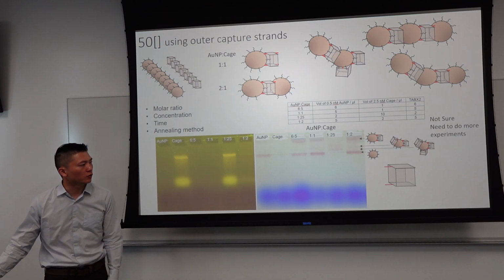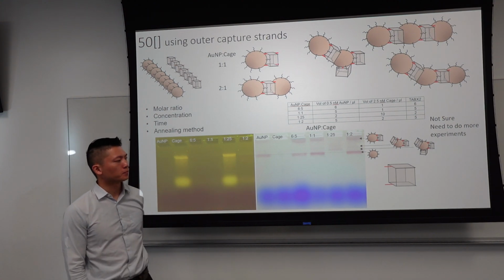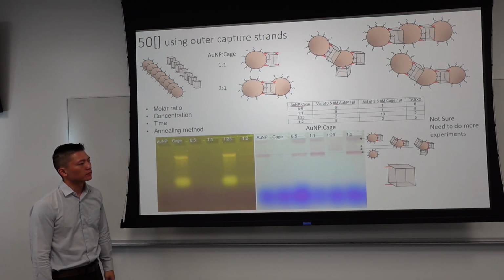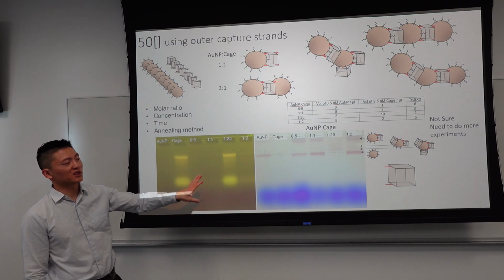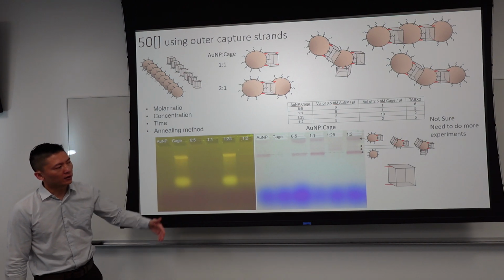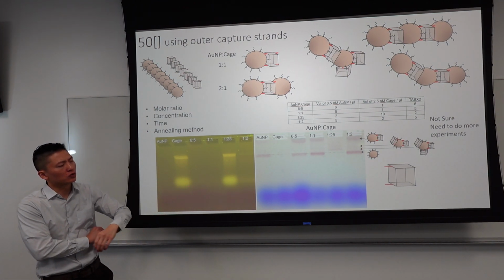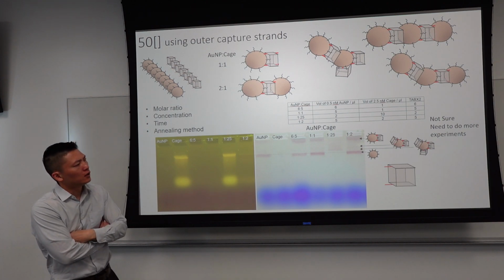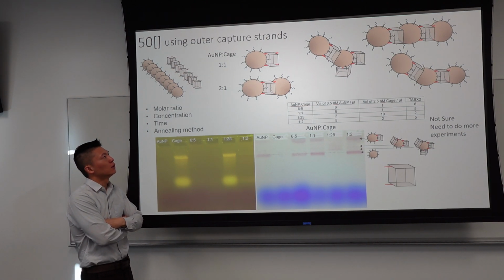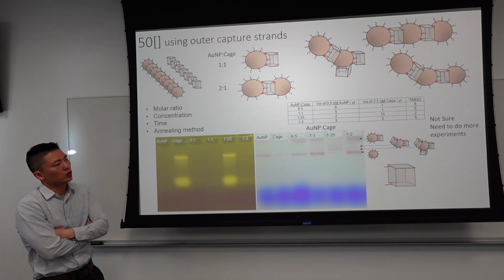I could, in the future, just put outer capture strands on one side of the cage and use that as a standard. And if I know where that band is, then maybe this structure is more likely to form a single nanoparticle, single cage structure.